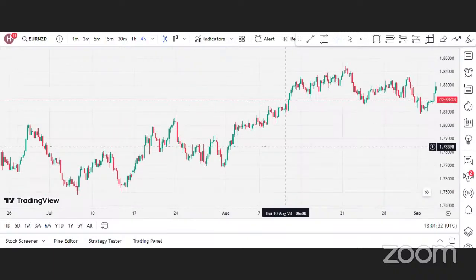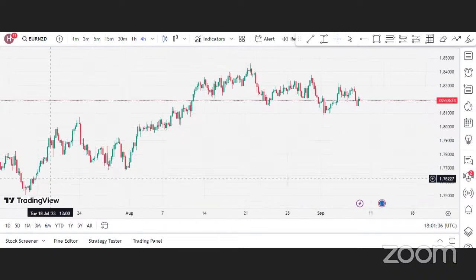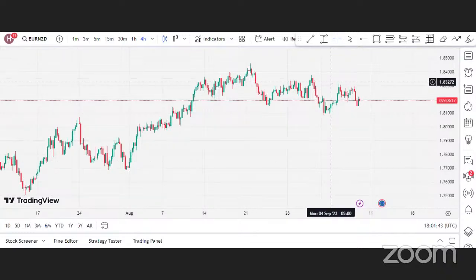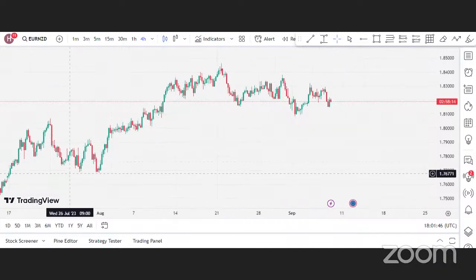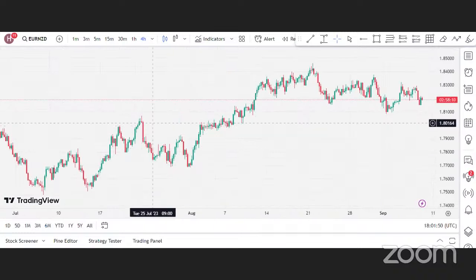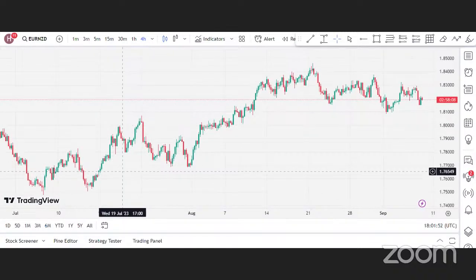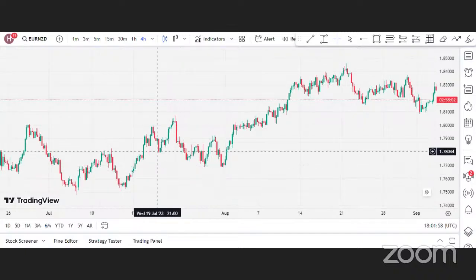So this market was previously on an uptrend.